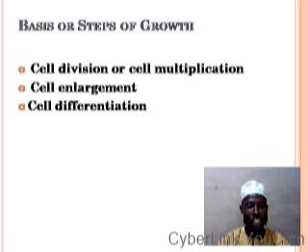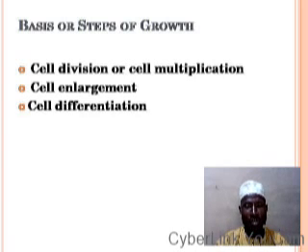This is the process whereby each cell develops into a new type of cell by changing its shape and structure to perform a particular function. This cell differentiation is important in the maturity of a multicellular organism.